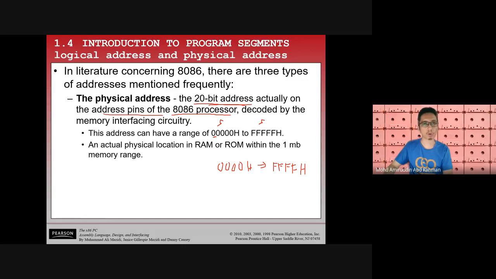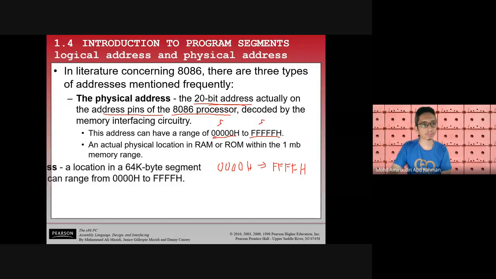But for 20 bit, it goes up to 5 digits. Then the actual physical location in RAM or ROM is within the 1 megabyte memory range. So it can support up to 1 megabyte of memory.